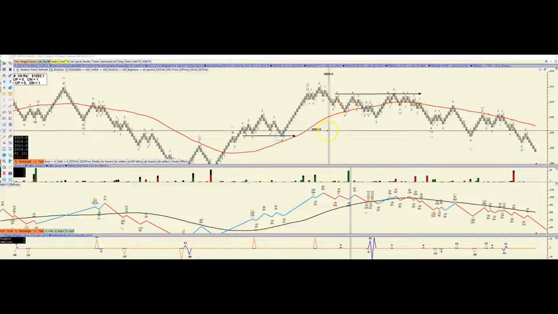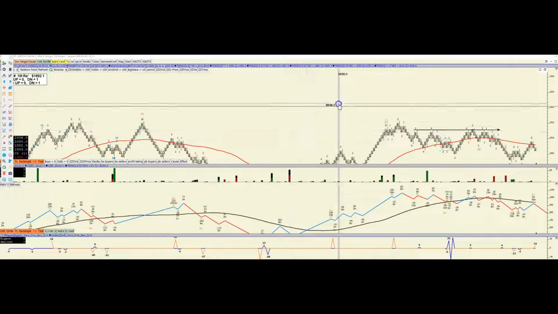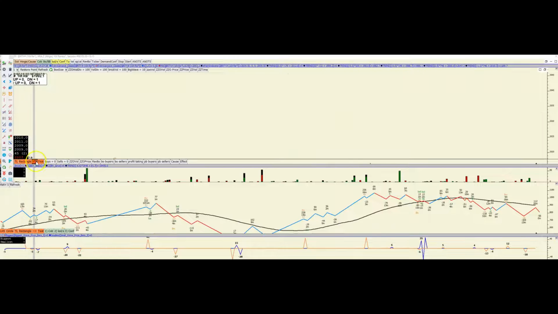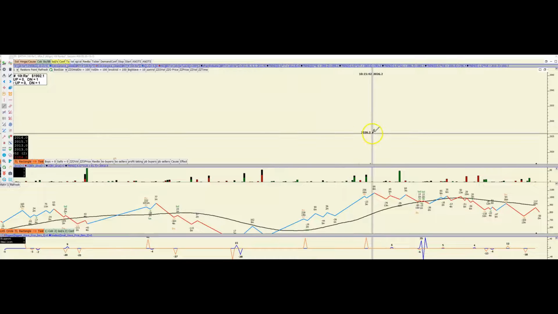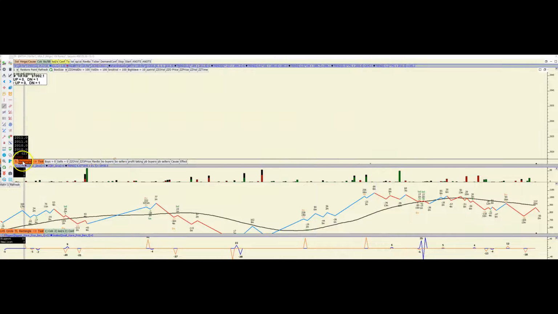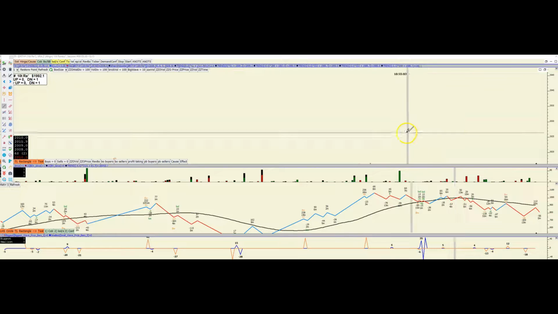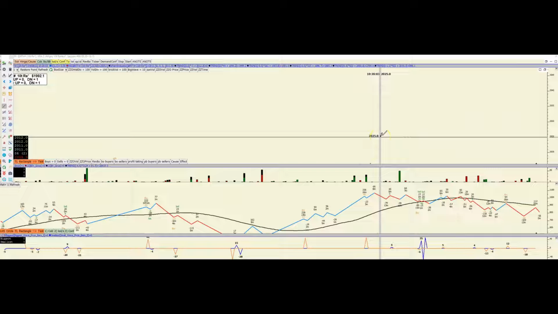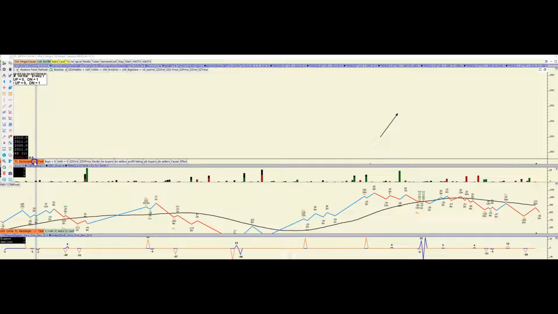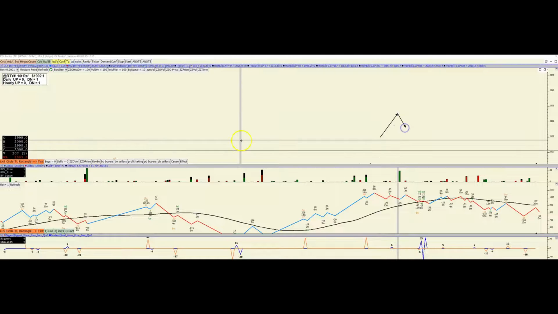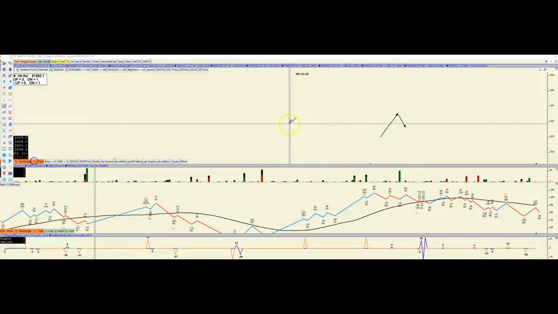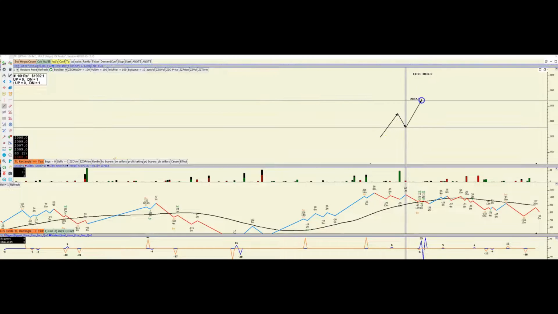The other thing I want to point out is why this type of approach works: for the market to go from point A to point B, where point B is higher, the up waves must be bigger than the down waves.